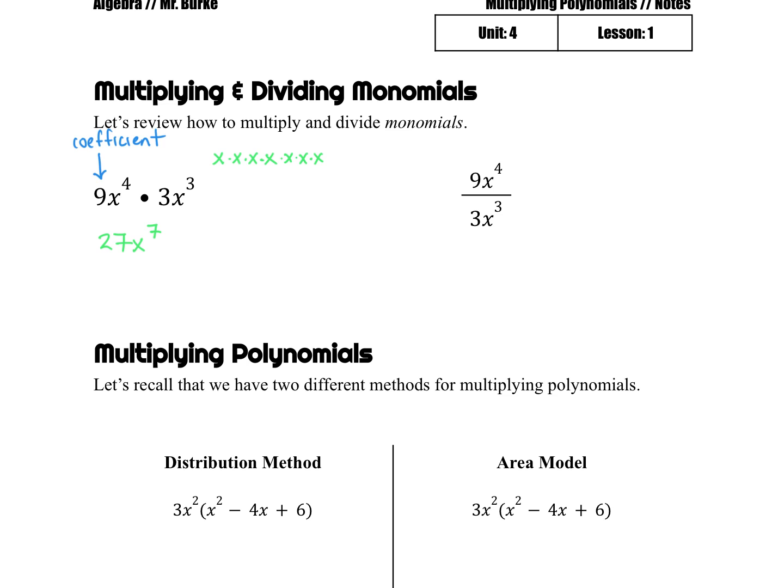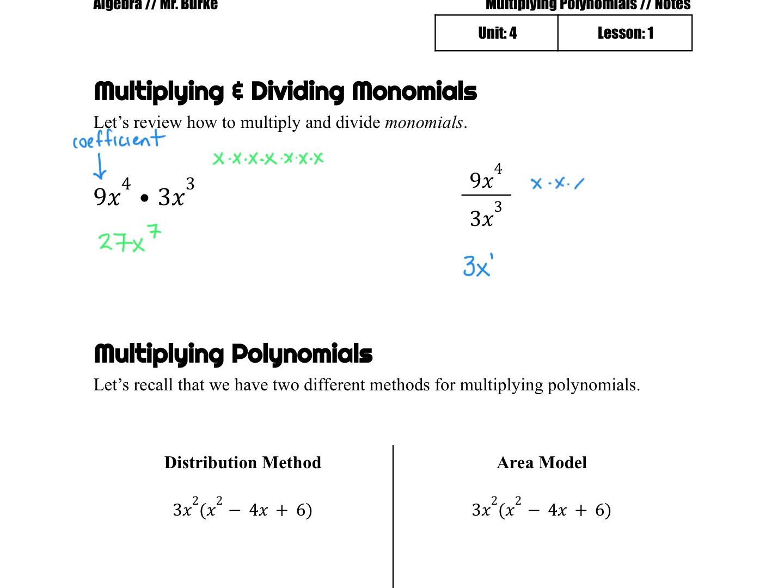Division is very similar. Division, we are going to divide our coefficients or reduce it if it's a fraction that doesn't divide evenly. So 9 divided by 3 is 3. And then x to the fourth over x to the third, instead of adding our exponents, we are going to subtract our exponents, which is going to give us x to the first. Why?